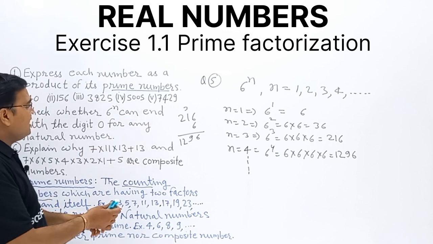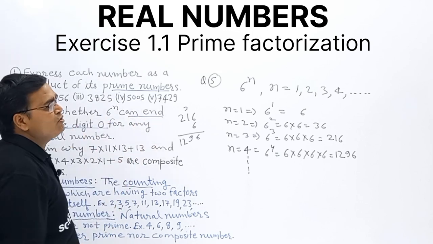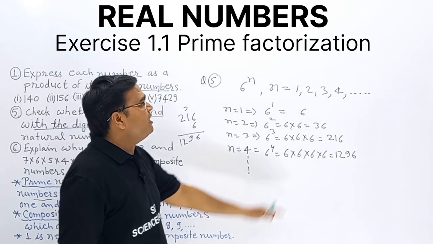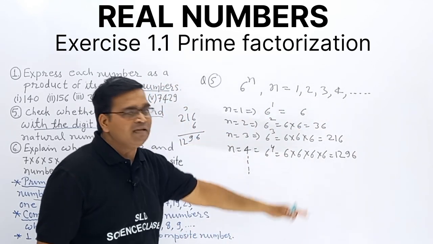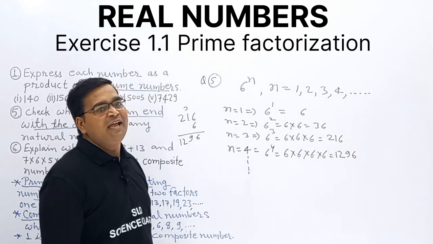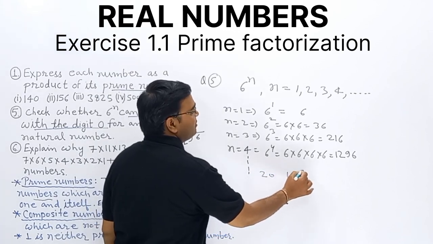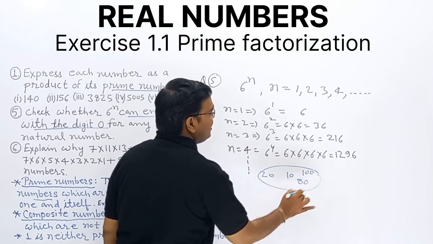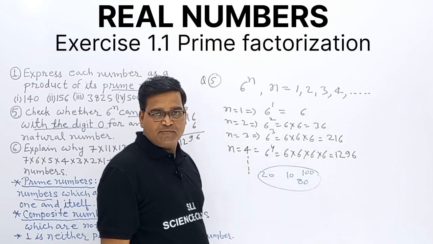Can it end with the digit 0? Observe, after putting the natural number values 1, 2, 3, 4 and so on, is any result ending with 0? No. Ending with 0 means numbers like 20, 10, 80. Is any number like these?